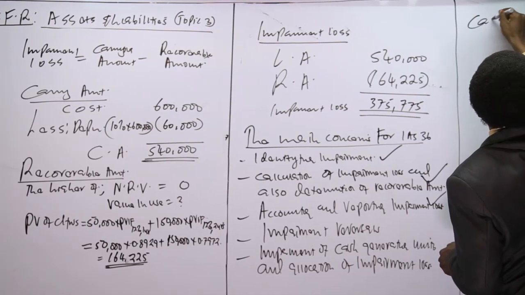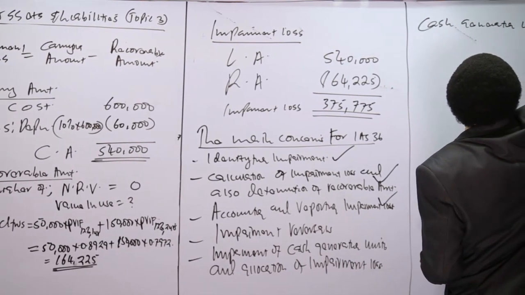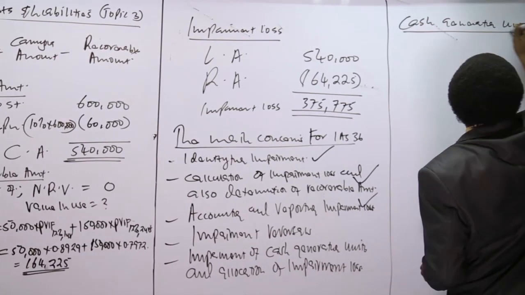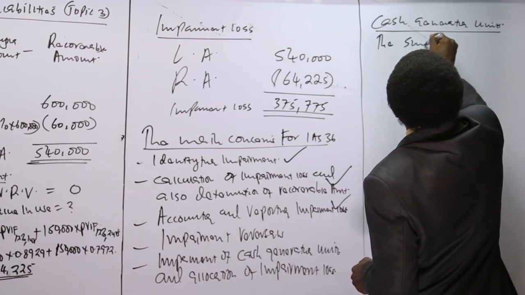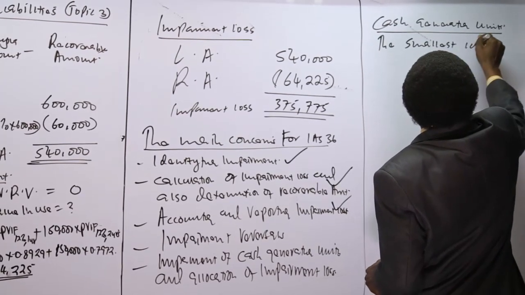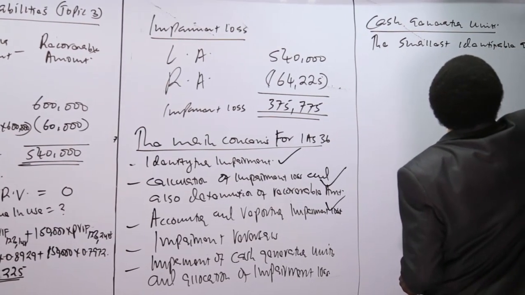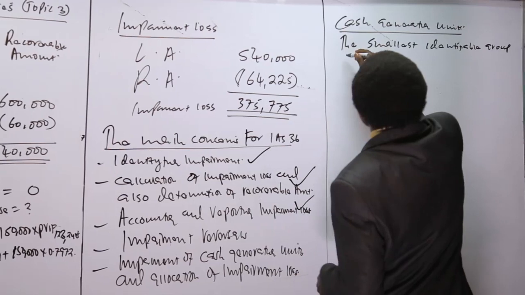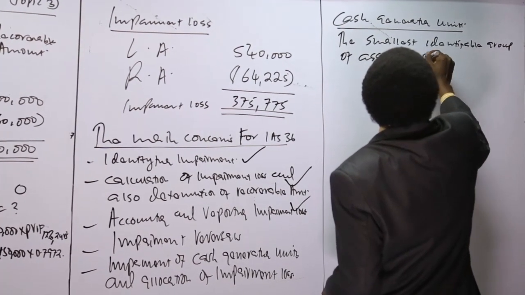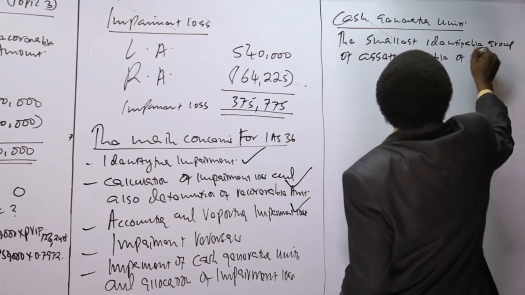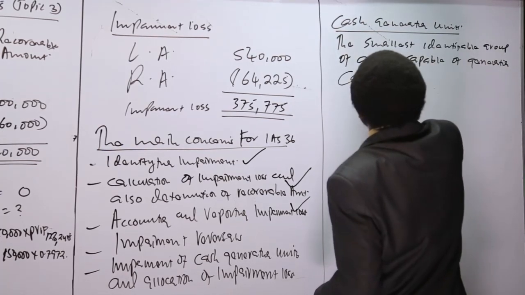So a cash generating unit is the smallest identifiable group or combination of assets capable of generating cash flows.